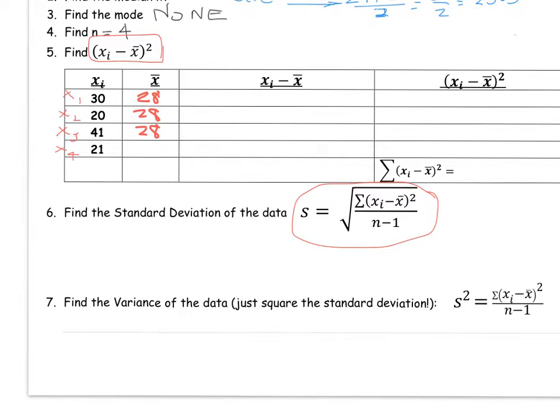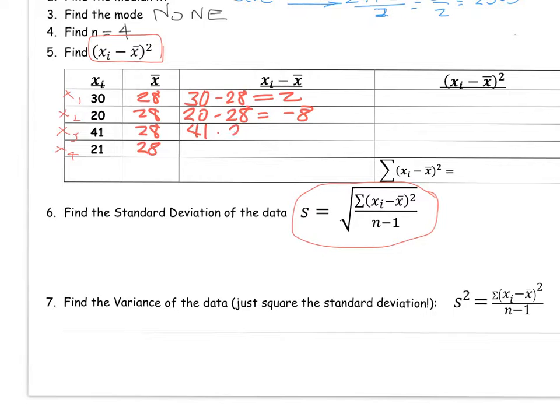I'm taking the x value in each row and subtracting the mean from it. So 30 minus 28 is equal to 2. Then 20 minus 28, we need to respect the order the numbers are given to us in. So it's not 28 minus 20, but 20 minus 28, which is negative 8.